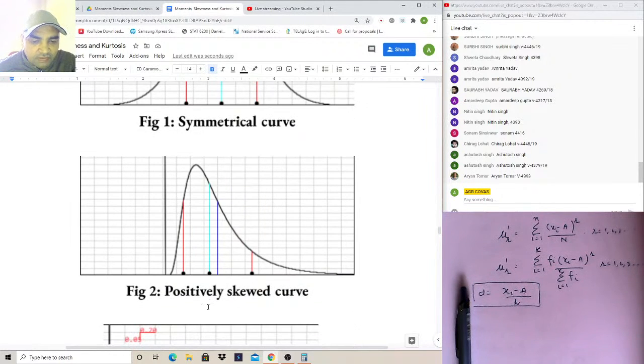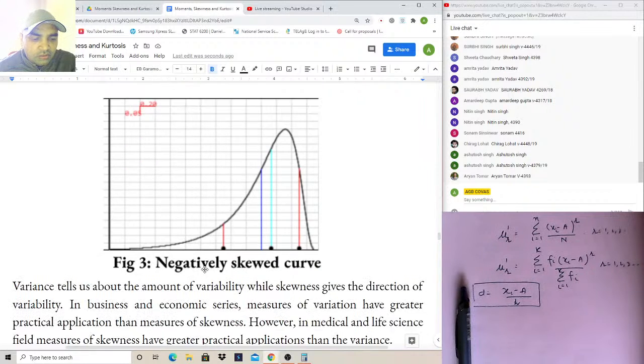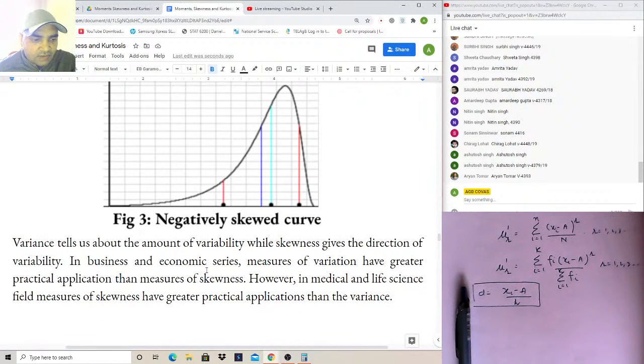In this positively skewed curve, you can see the right side tail is long, and the mean will be greater than the median, and the median greater than the mode. Whereas in the negatively skewed curve, the left side tail is longer and the relation holds in the reverse direction. That is, the mode will be greater than the median, and the median greater than the mean. So this is how skewness works.